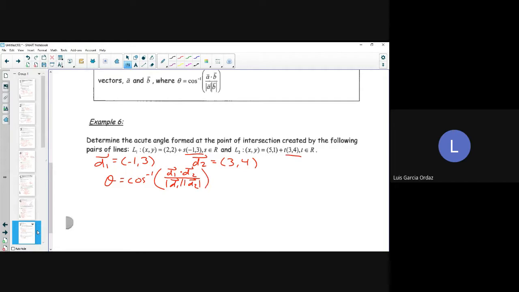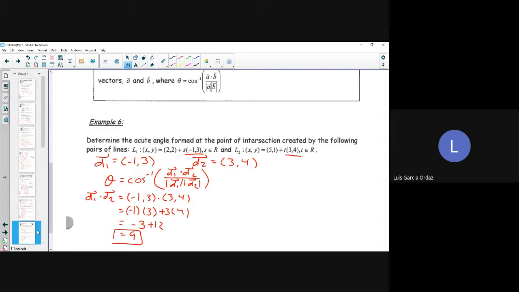Let's start with the dot product of d1 and d2. So (-1, 3) dot (3, 4) gives me -1 times 3 plus 3 times 4, which gives me -3 plus 12, which gives me 9. So my dot product between direction vector 1 and direction vector 2 is 9.